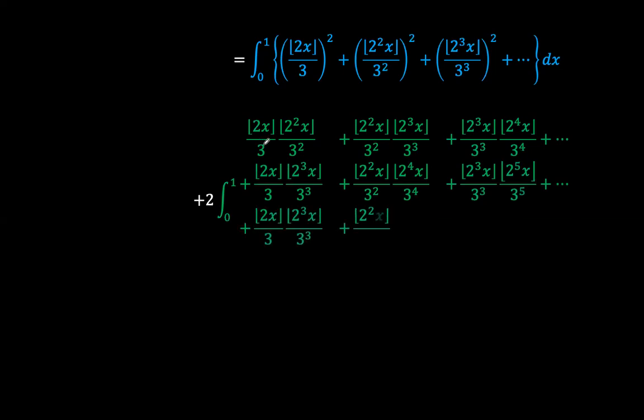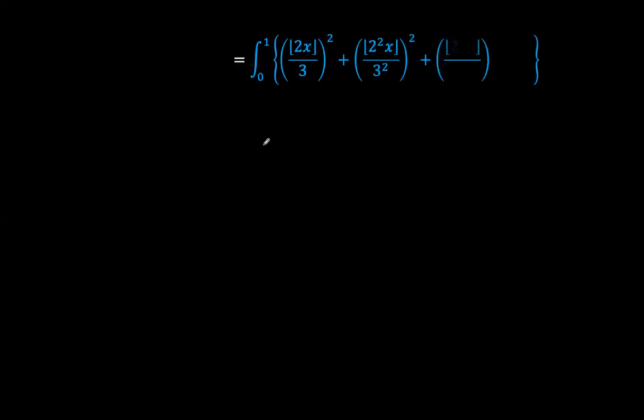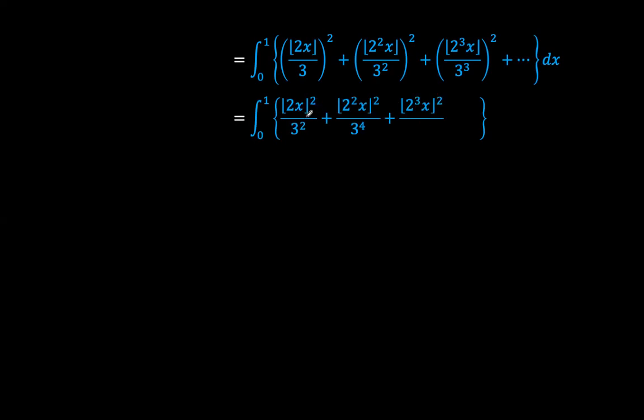As we continue, let's focus on the blue, the quadratic or squared terms. The square of the floor function of 2x over 3 is the same as the floor function of 2x squared over 3 squared. And then obviously plus the floor function of 2 squared x squared over 3 squared, squared, which becomes 3 to the power 4.